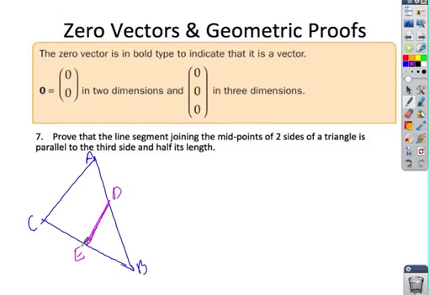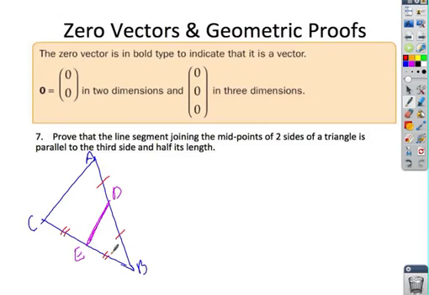And ultimately what we want to figure out is if DE is parallel to AC and if it's half of its length. So the things that we know, the way we've set this question up, is that D is the midpoint of AB, so that segment is equal to that segment, and E is the midpoint of CB, so this segment is equal to this segment. All right.